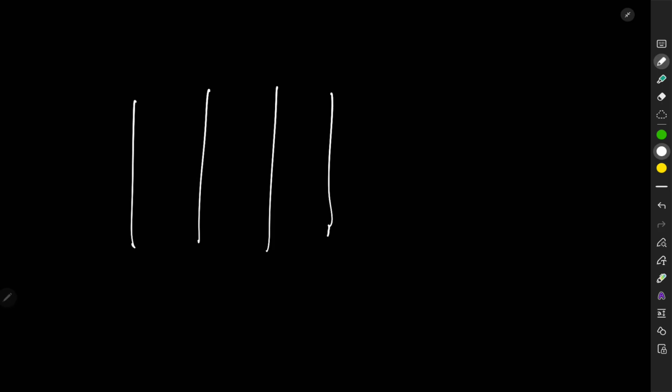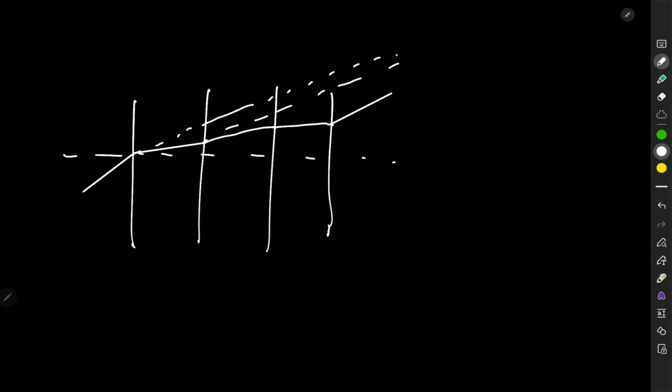Similarly, if there is a bunch of glass slabs and you want to incident a ray like this, it goes and comes out like this. If it is undeviated, all these are delta.